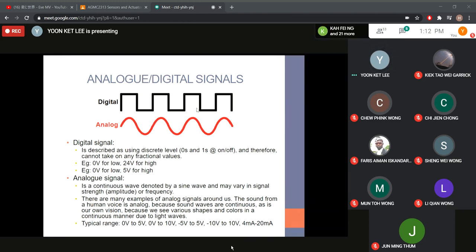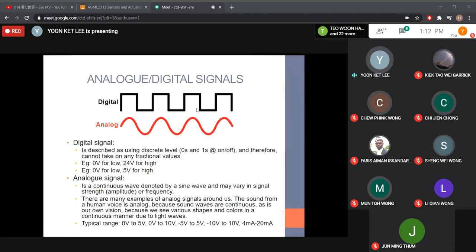So for digital, we are using discrete levels, and therefore can only turn on any fixed value, for example, 0 volt for low, 4 volt for high, or 5 volt or 0 volt. Whereas the analog signal is a continuous wave denoted by a sine wave and may vary in signal strength, amplitude, or frequency.